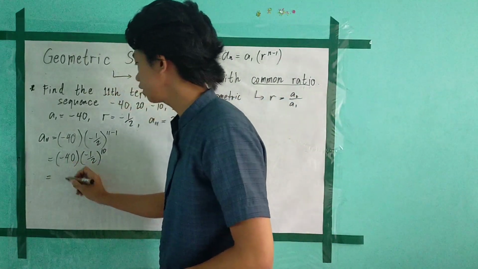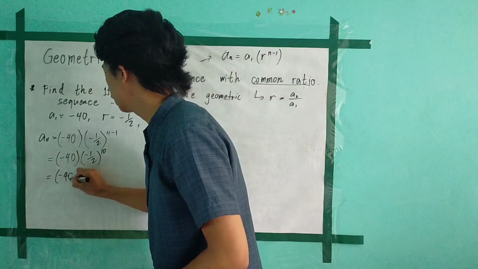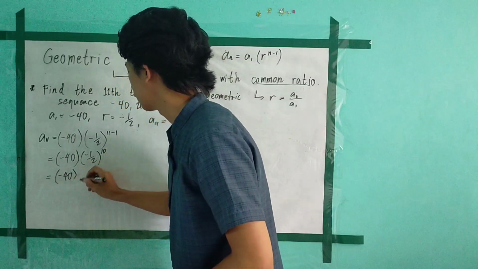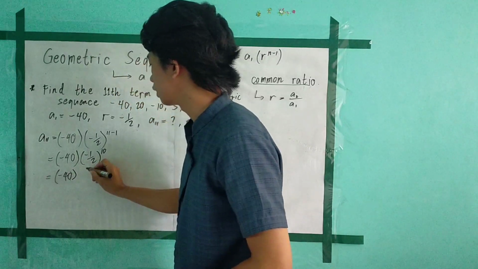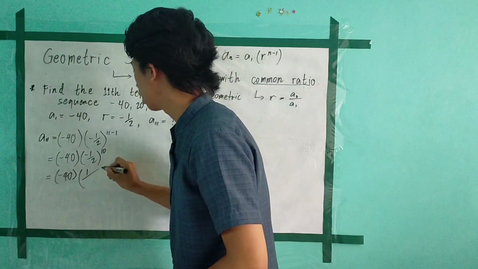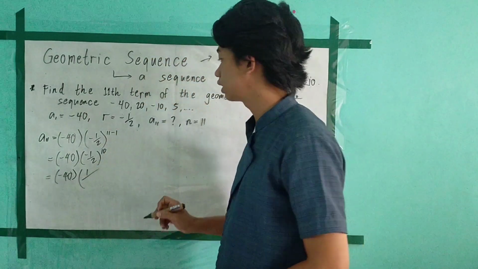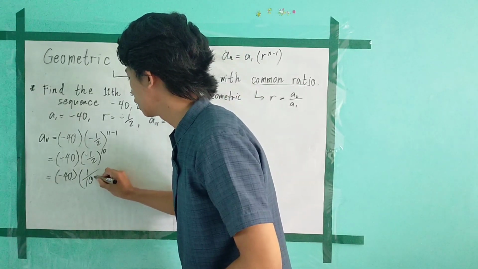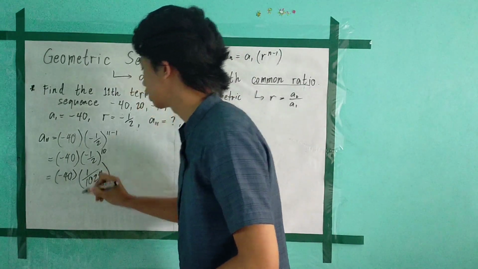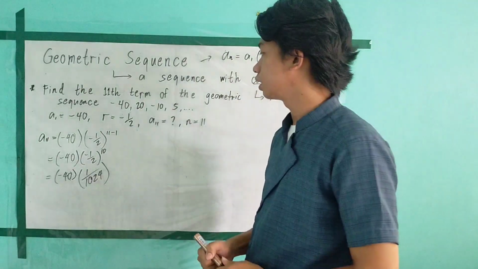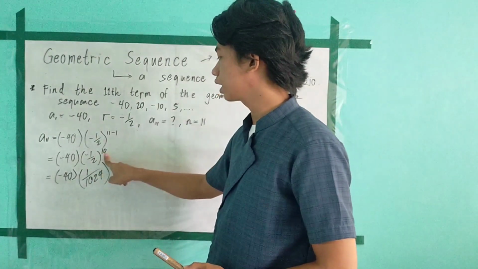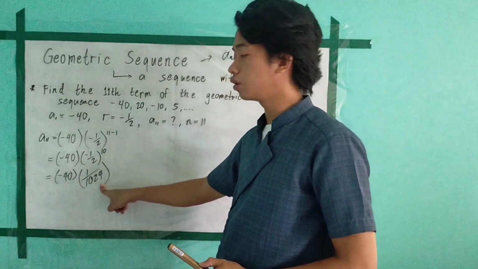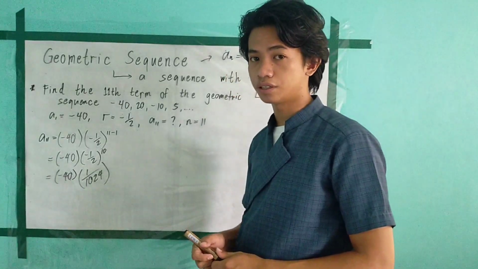Then, negative 40 multiply to 1 over, what is 2 raised to 10? We have 1,024. That's it. So, negative 1/2 raised to 10 is equal to 1 over 1,024.